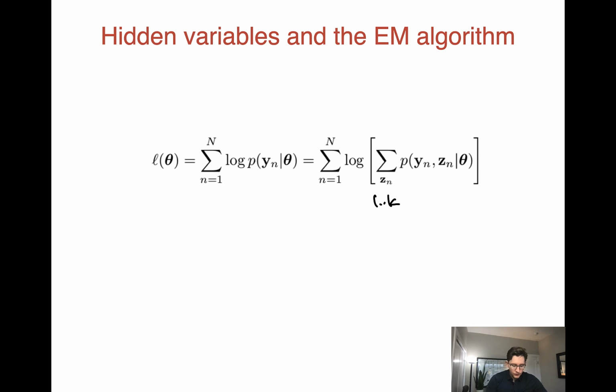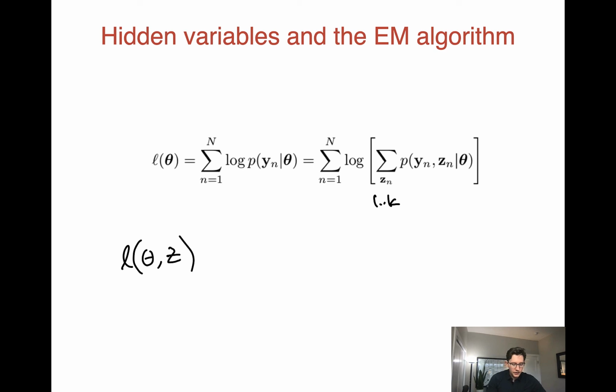By the way, you could treat the values of z as parameters. So we could do L of theta comma z and do, for example, gradient descent over both theta and z. That would work in the sense that it would probably eventually converge, but it's going to be super, super slow.